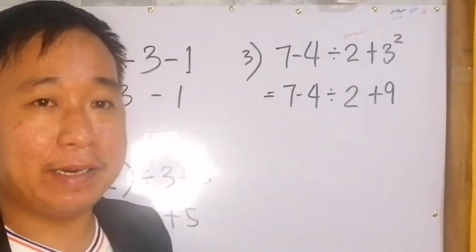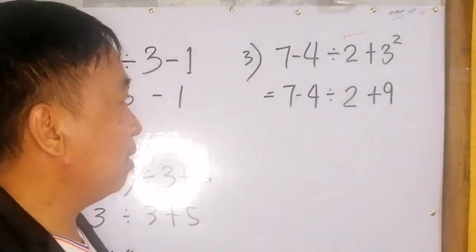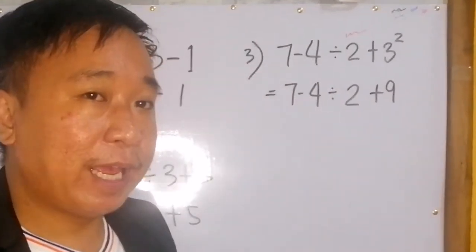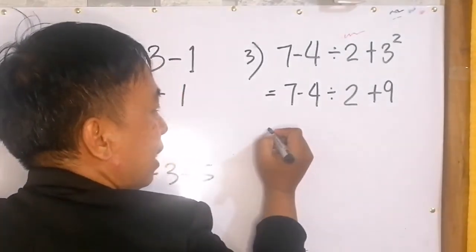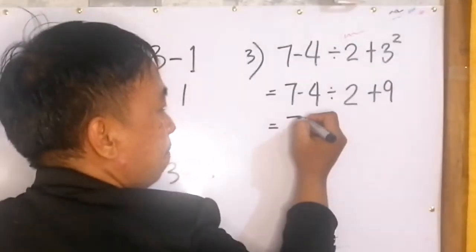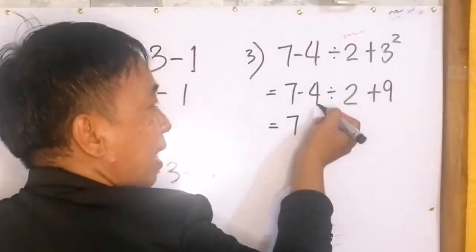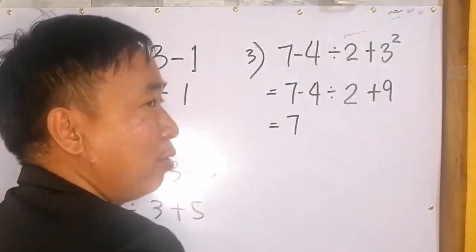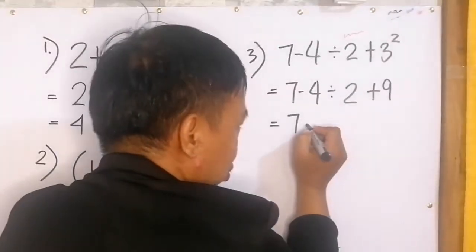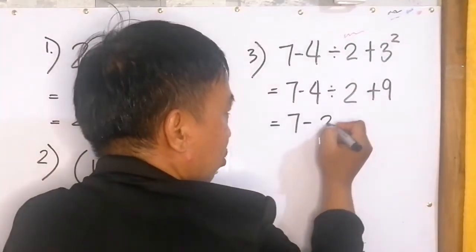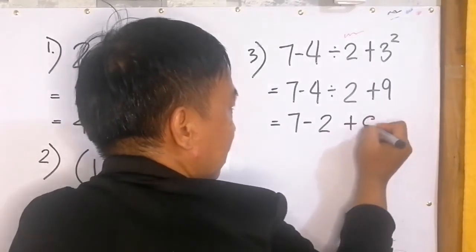After that, proceed to multiplication and division. We have here division, so simplify that first. 4 divided by 2. What is 4 divided by 2? That is 2. So 7 minus 2 plus 9.